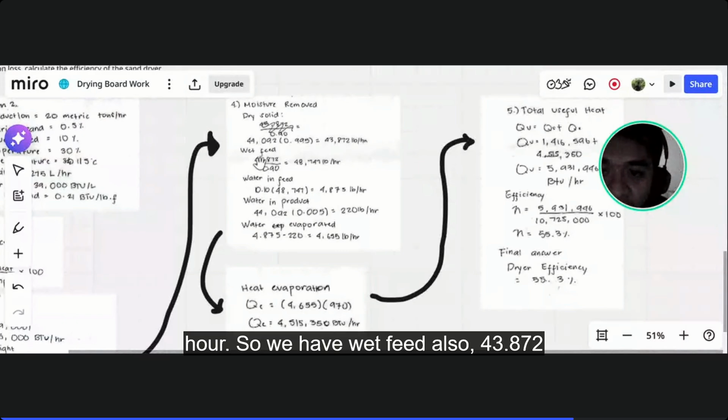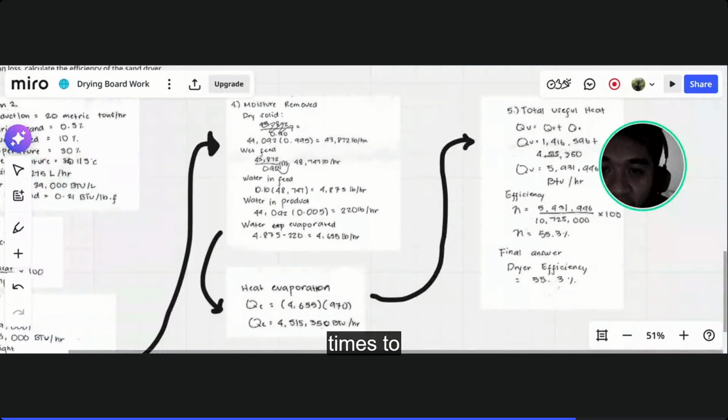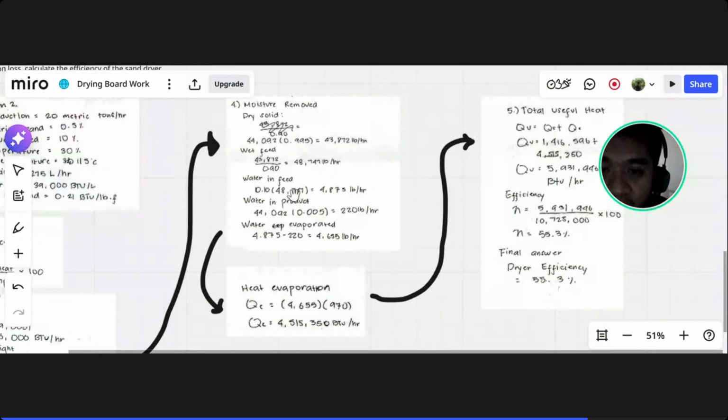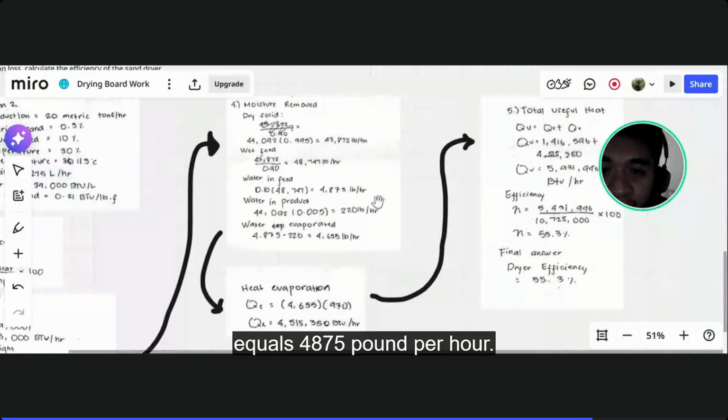So we have the wet feed, 43,872 divided by 0.90, which is 48,747 pounds per hour. Water in feed, we have 0.10 times 48,747, which equals 4,875 pounds per hour.